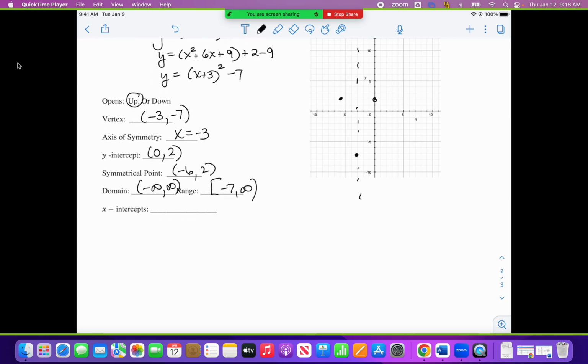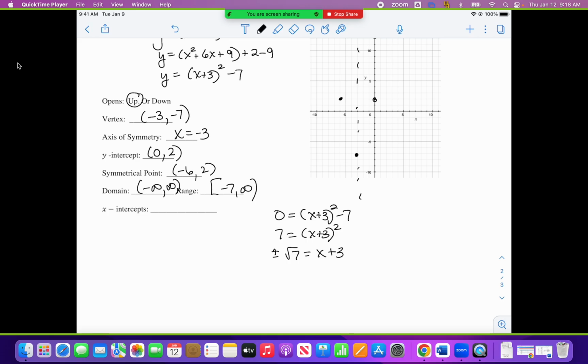To find an x-intercept, I'm going to let y be 0 and use the vertex form. Okay, this will be easier. And we haven't reviewed the quadratic formula yet this year. So I'm going to add 7 to both sides and then do plus or minus the square root of 7.